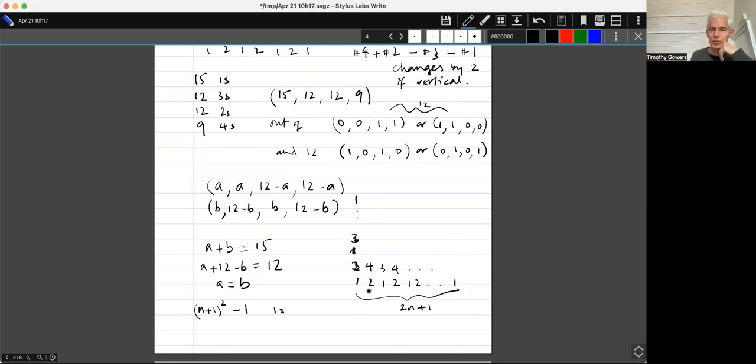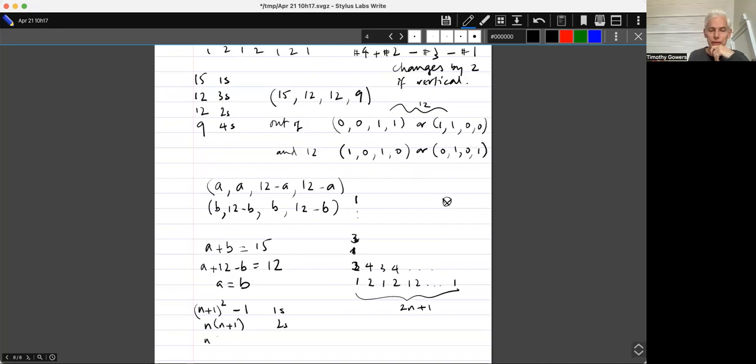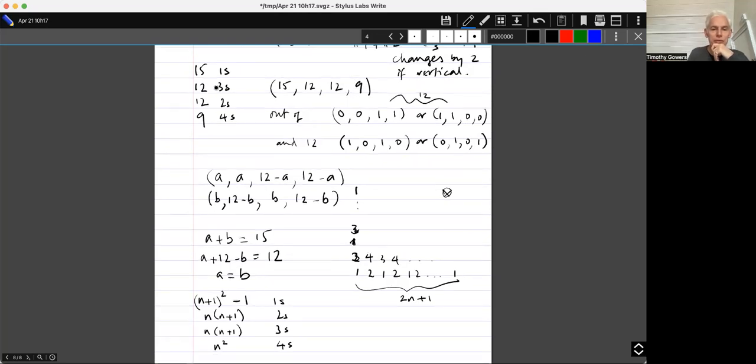Because I've got n plus 1 ones along here, n plus 1 ones along here, and then this one is removed at the last minute. The number of twos is n times n plus 1, n plus 1 threes, and the number of fours will be n squared, I think. Fours, because it's sort of n and n. Does that look as though the numbers agree with when n is 3? It does. 16 minus 1, so 3 times 4, 3 times 4, 3 times 3.